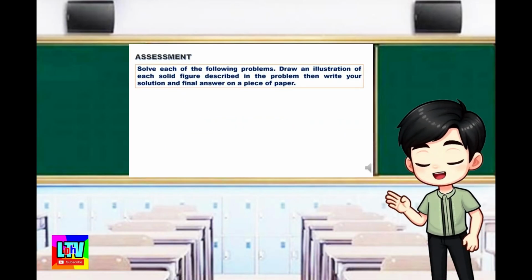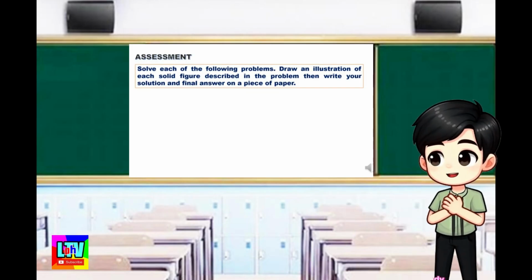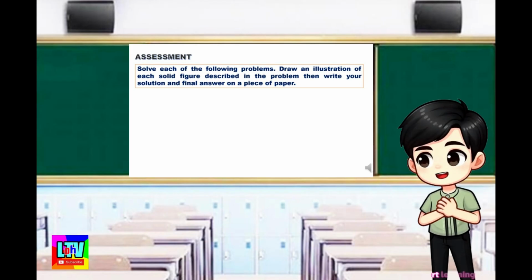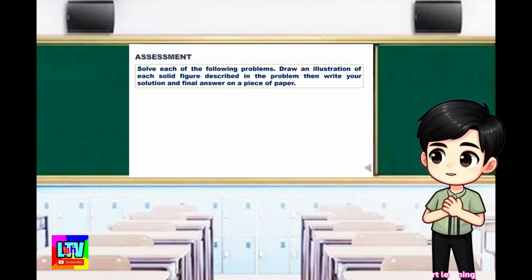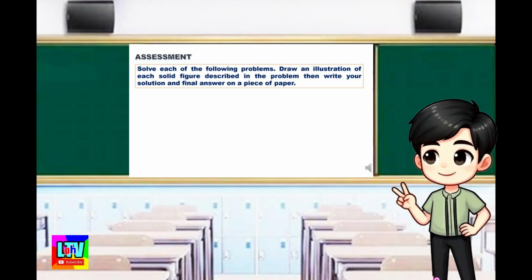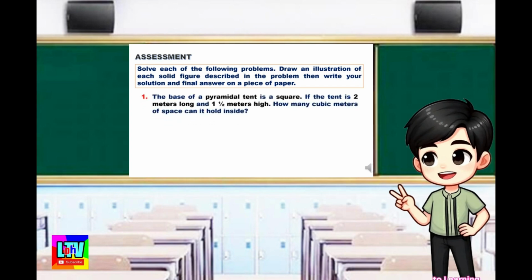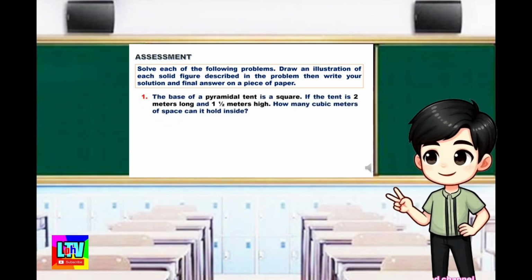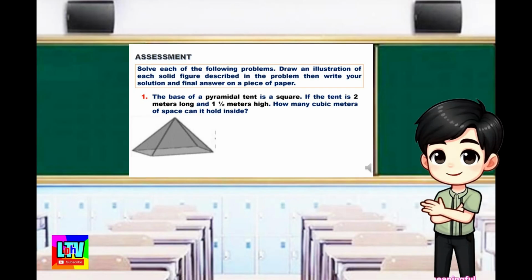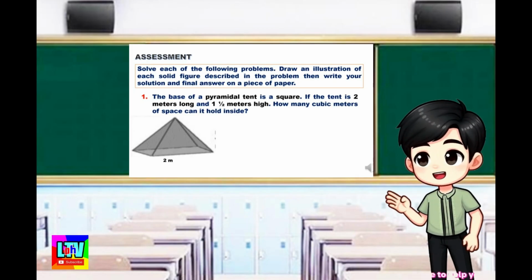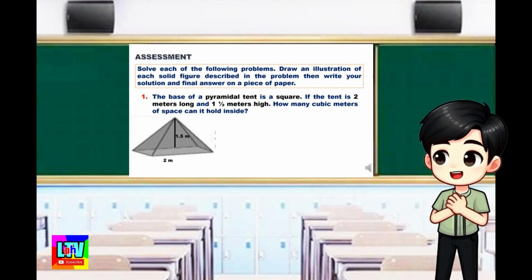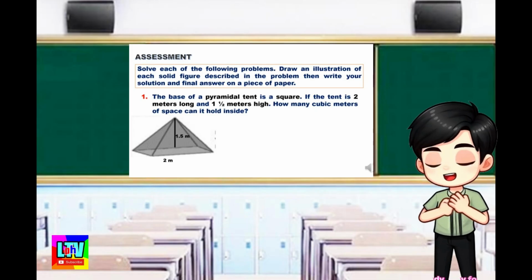Solve each of the following problems. Draw an illustration of the solid figure described in the problem. Then write your solution and final answer on a piece of paper. Number 1. The base of a pyramidal tent is a square. If the tent is 2 meters long and 1.5 meters high, how many cubic meters of space can it hold inside?